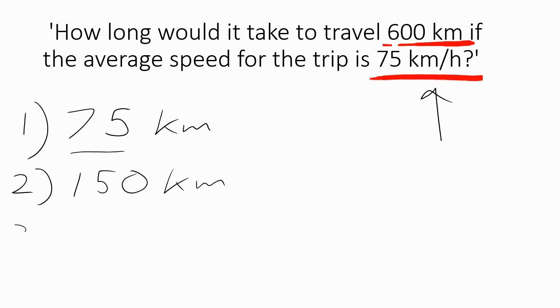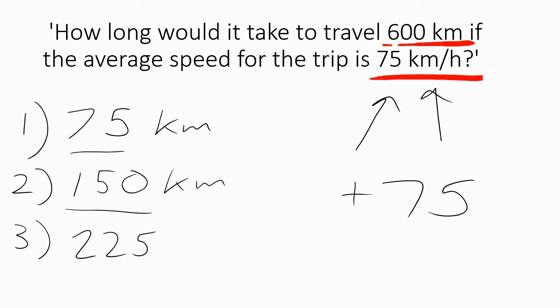Now we're up to our third hour, and each hour you're traveling 75 kilometers, so you plus 75 again. 150 plus 75 equals 225 kilometers. So far, at our third hour, we've traveled 225 kilometers. We've got to get all the way to 600.